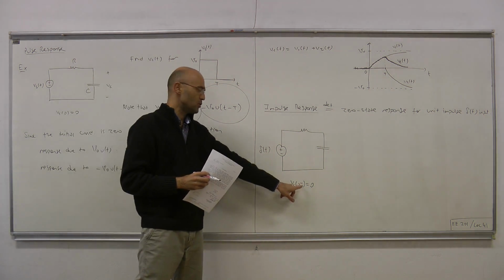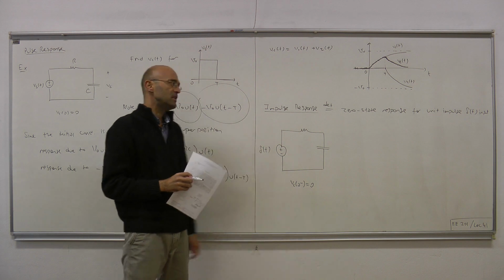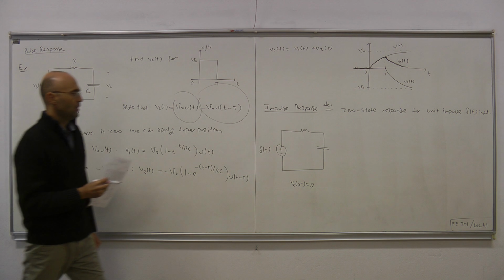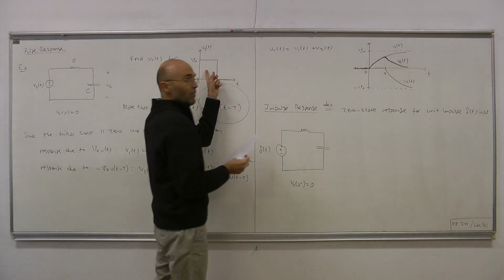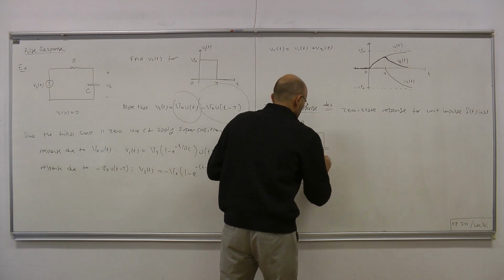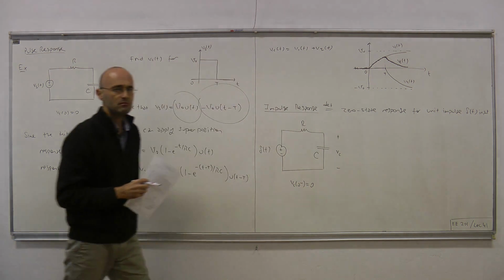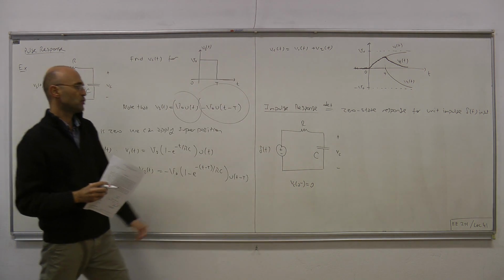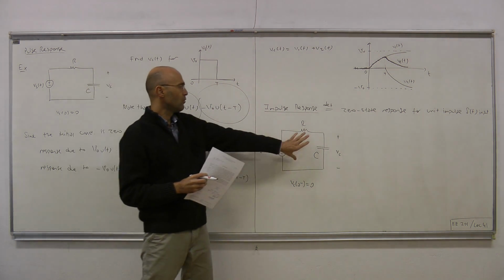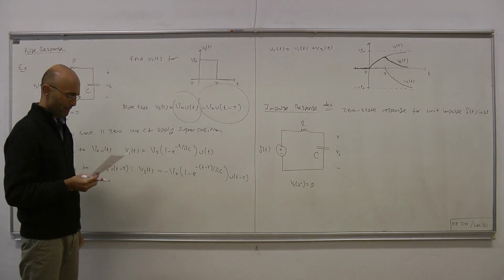So we have to now introduce this notation of 0 minus, because 0 minus and 0 plus will be different. Here we didn't need to bother with that notation. Here we have R, and this is the capacitance. Now we're looking for Vc. The solution, Vc of t, is what we're going to be calling the impulse response for this circuit, where the output is the capacitor voltage.